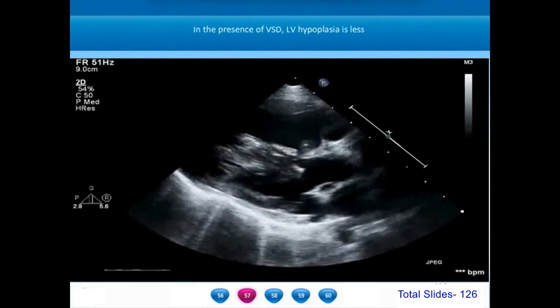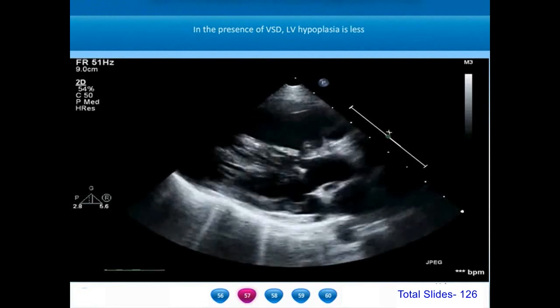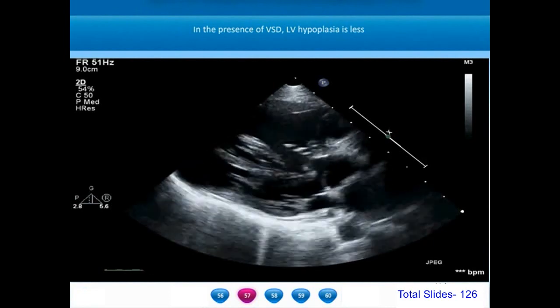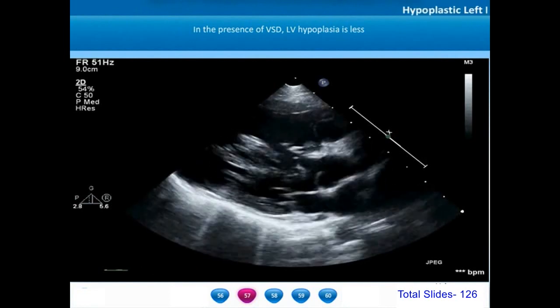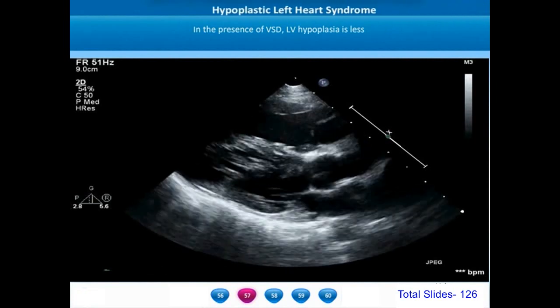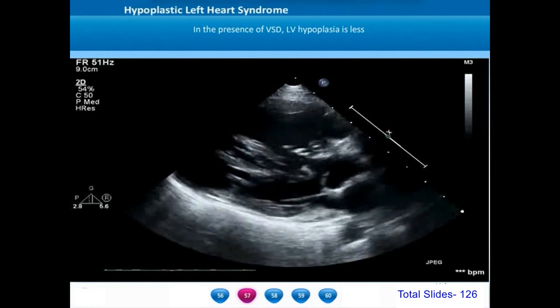In the presence of a large ventricular septal defect, the LV hypoplasia will not be very marked. In this patient with a hypoplastic mitral valve and hypoplastic left ventricle, there is a large ventricular septal defect.